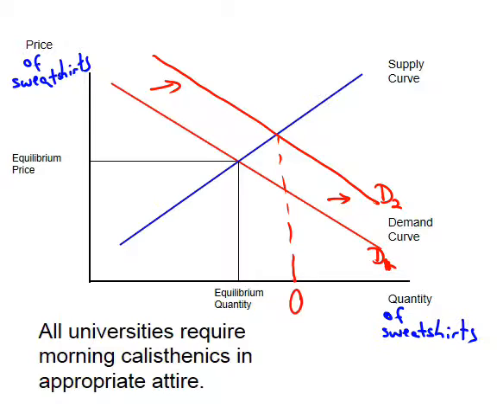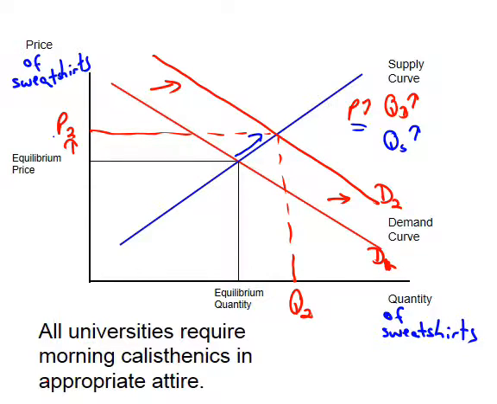We'll see that the quantity has gone up and the price has gone up. So price has gone up, quantity demanded has gone up, and in reaction to the higher price, we know that quantity supplied has also gone up. We've moved along the supply curve. We're supplying more, so we have an extension along the supply curve.